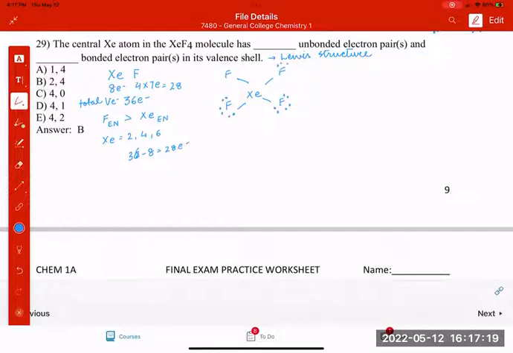Okay, 24 electrons have been used up, right? And we are left with 4 more. So they are going to be on the central atom. So 1, 2, 3, 4.